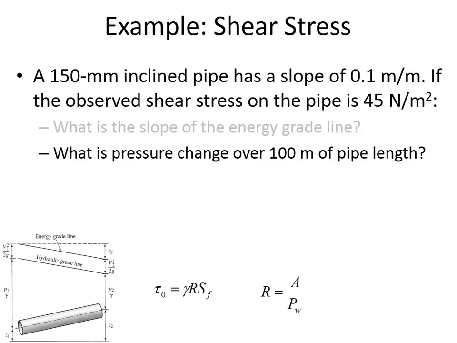And that gives us that we're going to be losing 0.12294 meters of energy for every meter of pipe length that we flow through. That's not much different from the slope of the energy grade line. There's a small variation there.